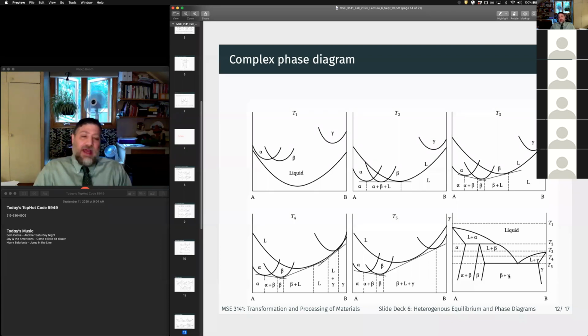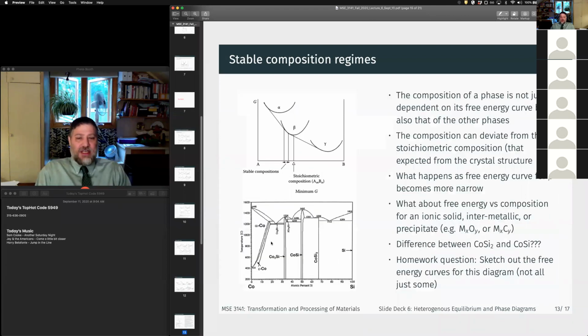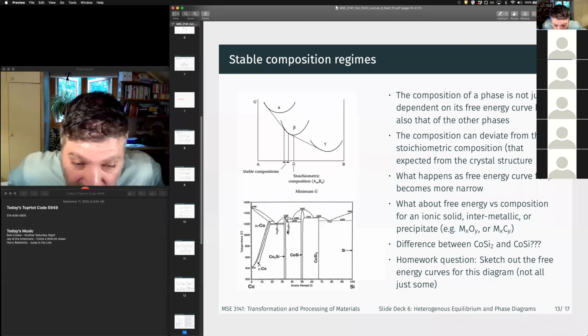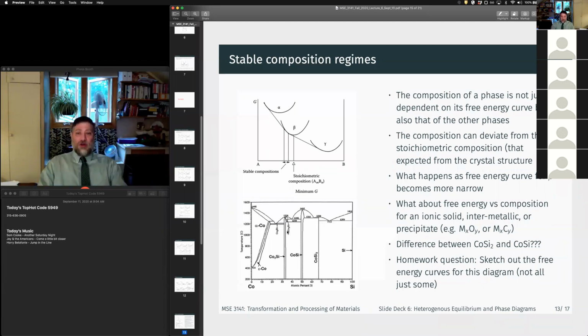So it's a simple process, but it's tedious, especially if you look at phase diagrams that have tons of phases like this one here. Calculating or measuring the free energy curves for all the various phases can be a royal pain.